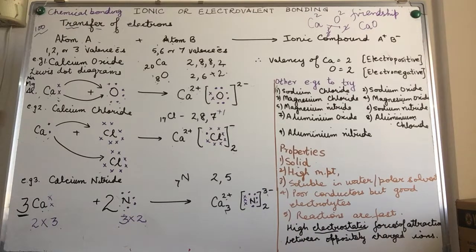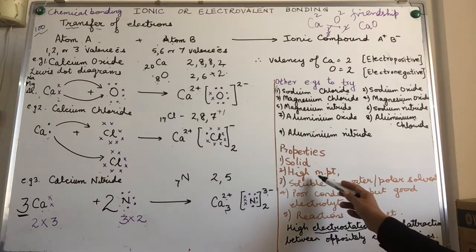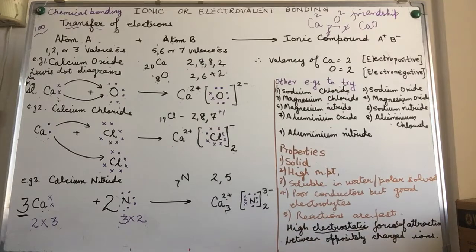Like your common salt, it's an example of an ionic solid. Since there's a high force of attraction between them, in order to separate the ions, you will have to give it a large amount of energy. So if you are heating in order to melt it, you will have to give it a large amount of energy. That is why their melting points and boiling points will be high.